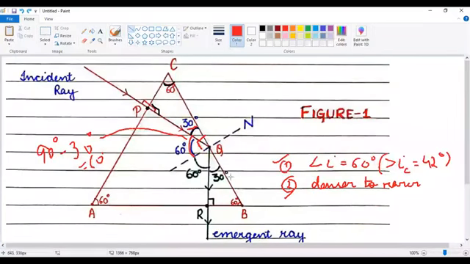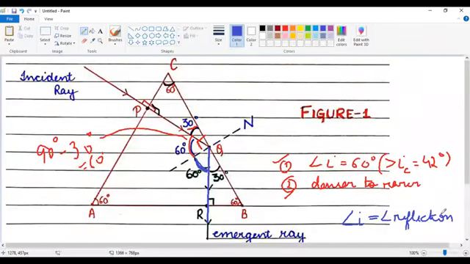Rather, the light will now get totally reflected in the same medium, such that the angle of refraction is 0 degrees, while the angle of reflection is 60 degrees. Students, the angle of incidence and angle of reflection are always equal.